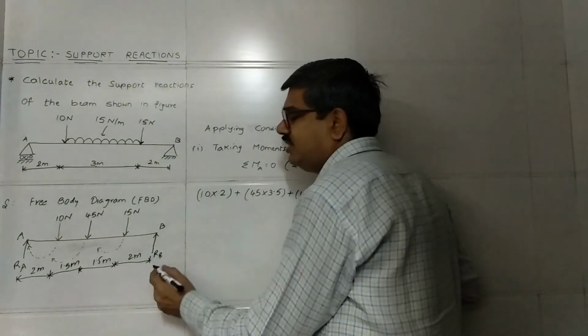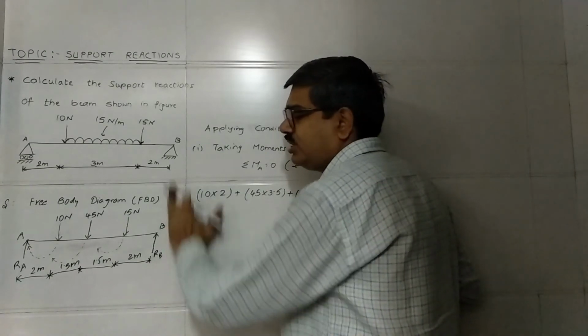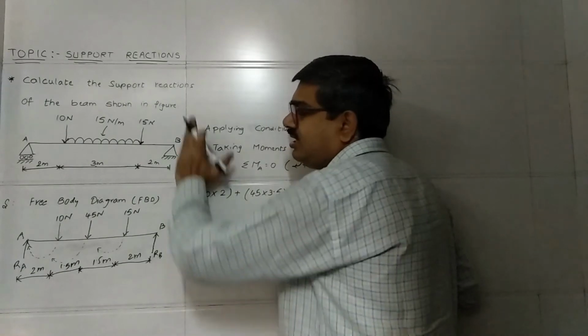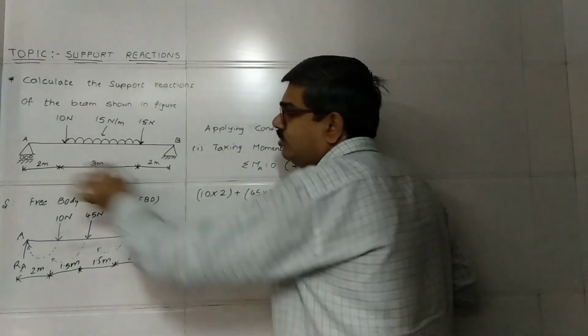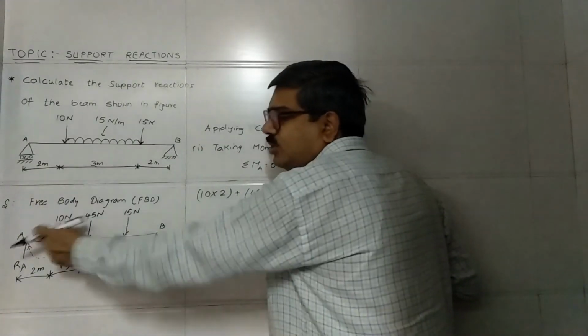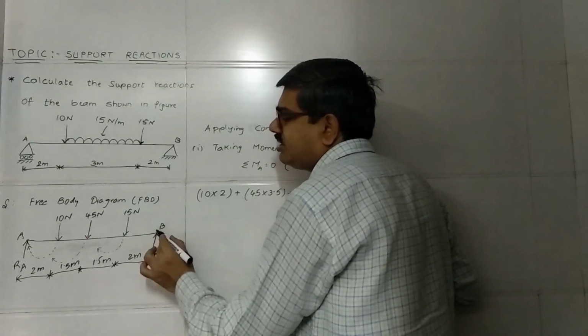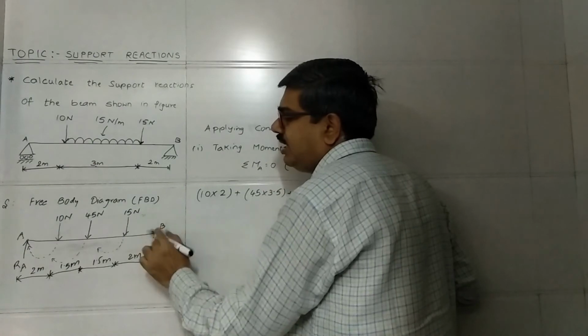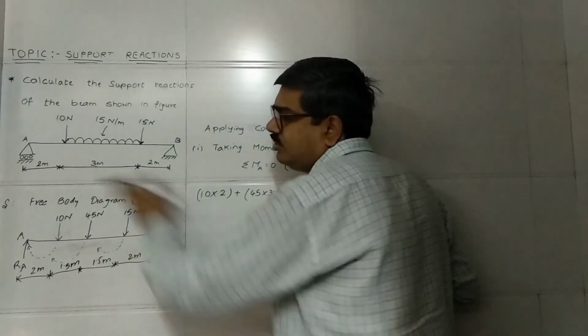And then the last one remaining is the support reaction at B. Now see the direction of the support reaction. This is acting in upward direction. So if you have to find the moment of this force about point A, since it is acting upward, if you turn this towards A, it will turn in anti-clockwise direction. It will go like this.